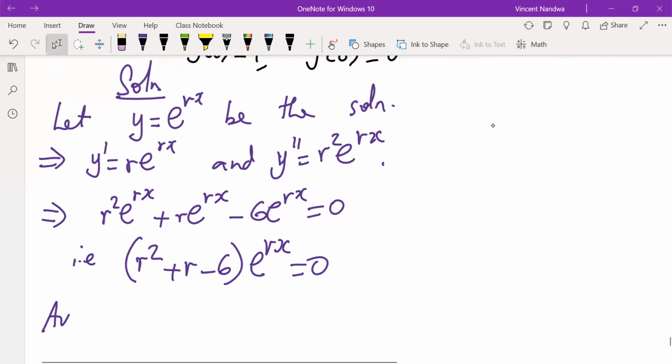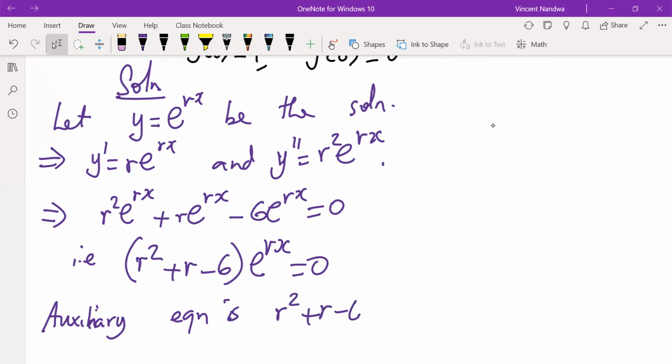Now this means that the auxiliary equation is r squared plus r minus 6 equals 0, since e raised to power rx can never be 0.